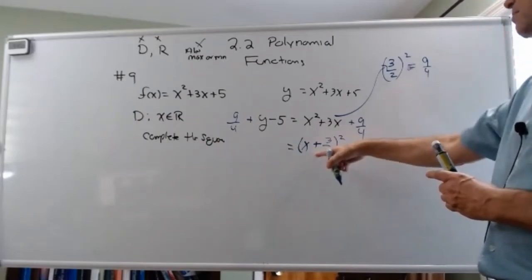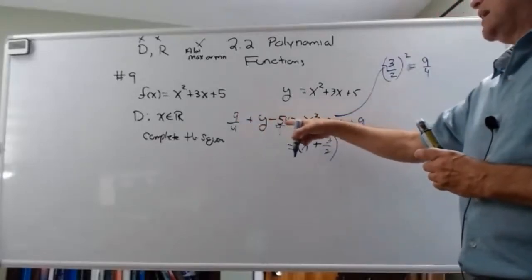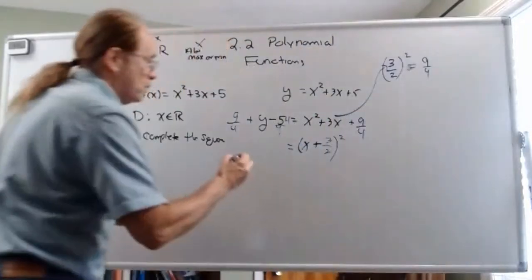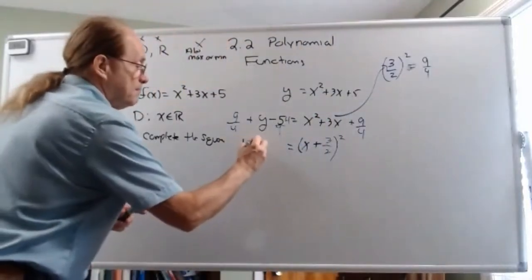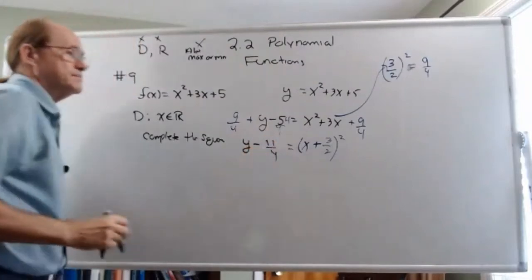I'd have 3 halves x plus 3 halves x gives me 6 halves x, or 3x. And then I'd have 3 halves squared, or 9 quarters. Then I just do the simple algebra over here. Multiply top and bottom by 4 to make them quarters. So I have 9 quarters minus 20 quarters, which gives me y minus 11 quarters.